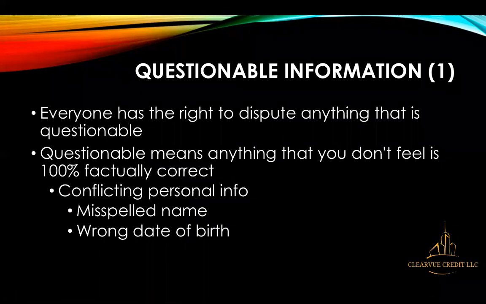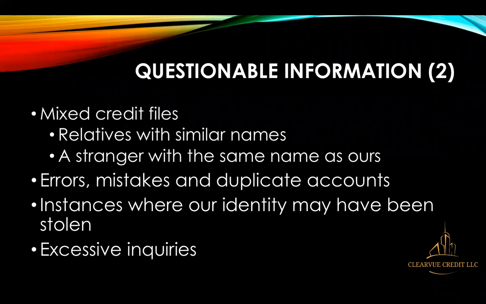We want to look for questionable information. Everyone has a right to dispute anything that is questionable on their credit report. This means anything you don't feel is 100% factually correct. This includes conflicting personal information like your misspelled name or the wrong date of birth.